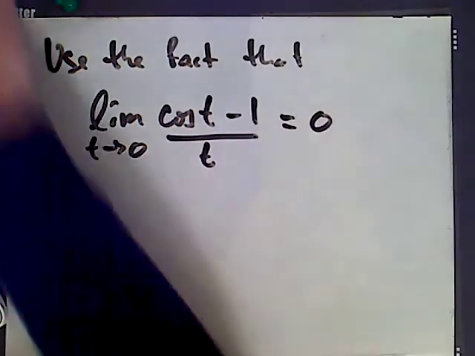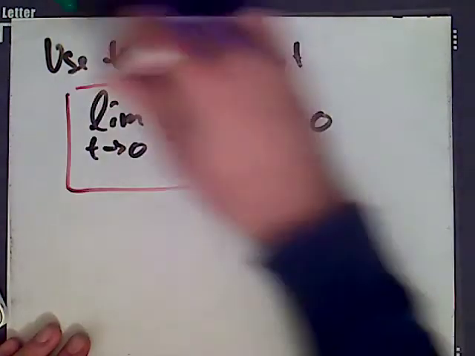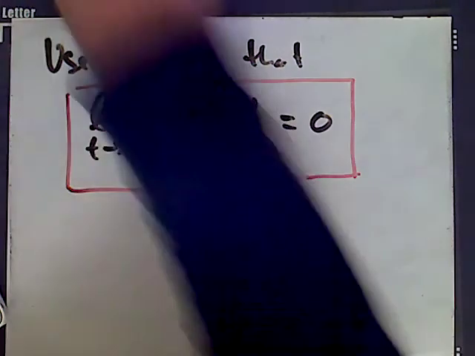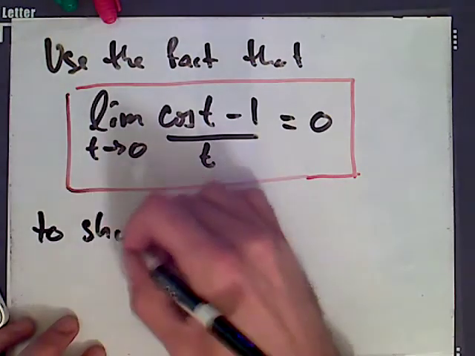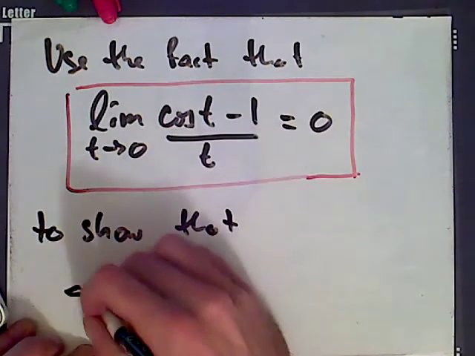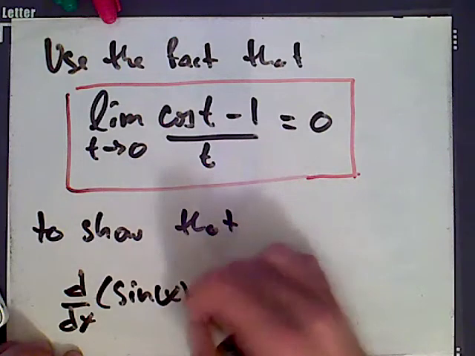This is a fact about limits. It can be proved using the squeeze theorem. We won't prove it here. But we're going to use this fact to show, using the definition of the derivative, that the derivative of sine of x is cosine of x.